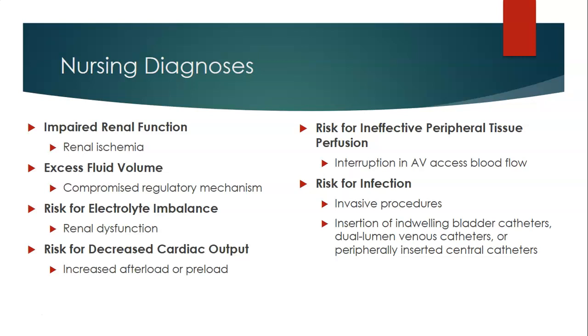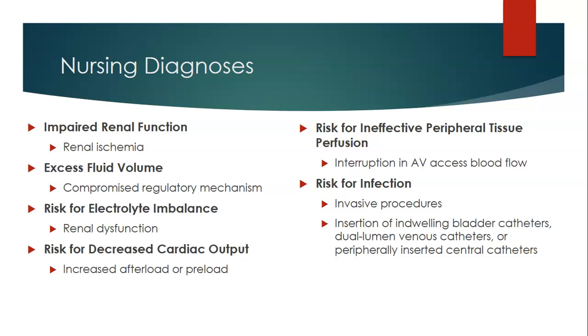This one's kind of a reach, especially since we haven't got to hemodialysis yet, but any interruption in like an AV fistula access. So if someone starts bleeding a lot from their AV fistula, which we'll talk about, they might be at risk for ineffective peripheral tissue perfusion. And then we have a risk for infection.